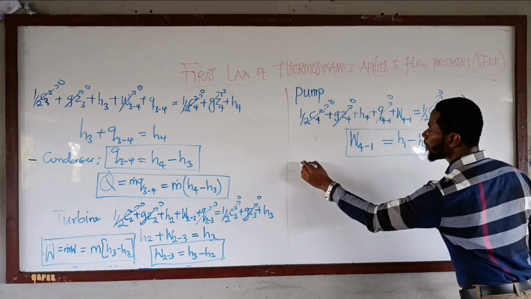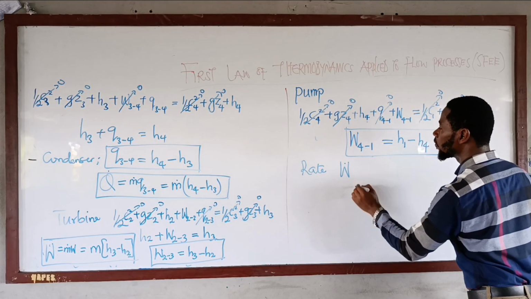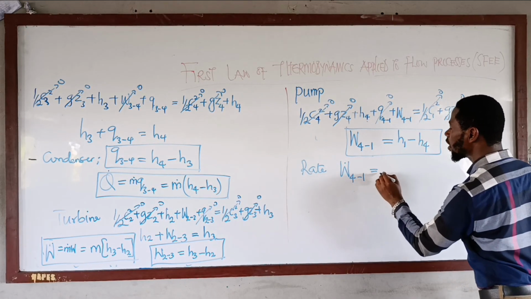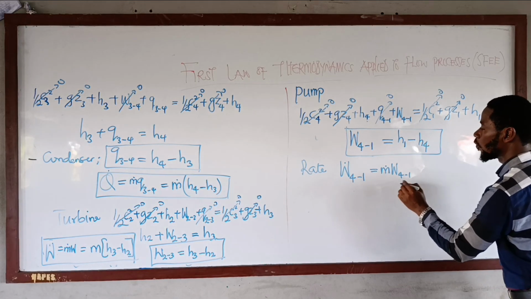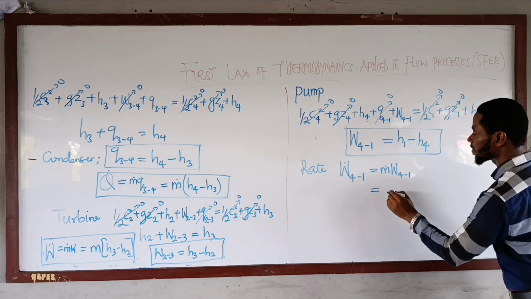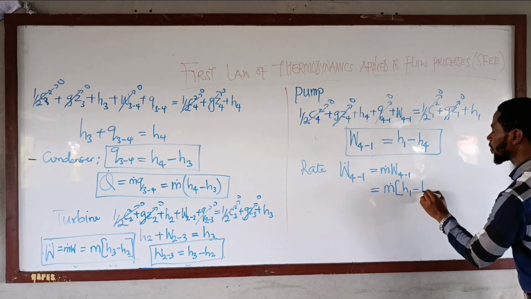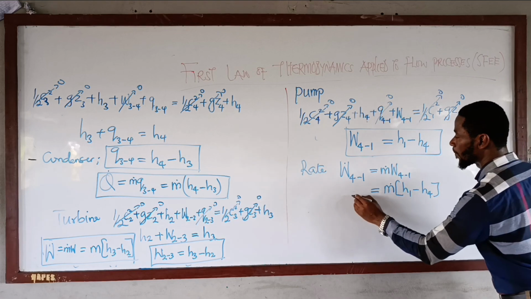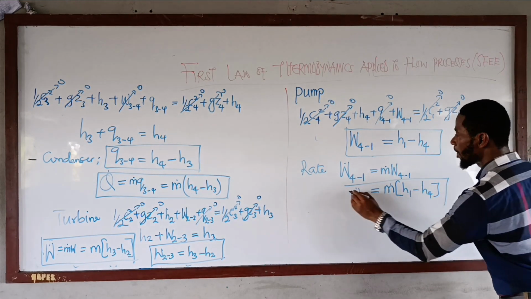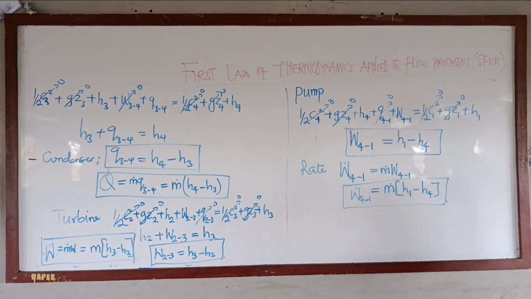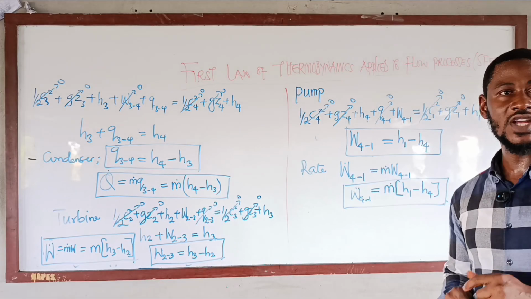So in the rate form, we have the power W4 to 1 equals mass flow rate multiplied by W4 to 1, which is the same thing as m times (H1 minus H4). That is for the pump. So we are done with the heat transfer device and we are done with the work transfer device.